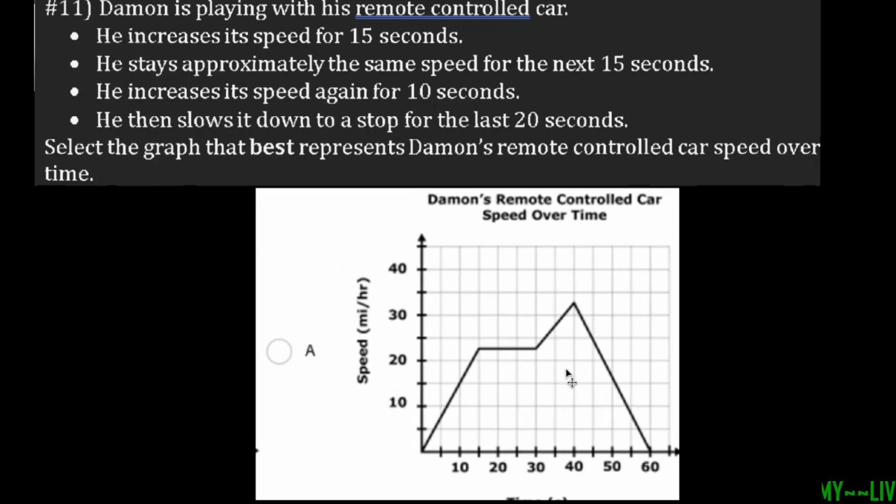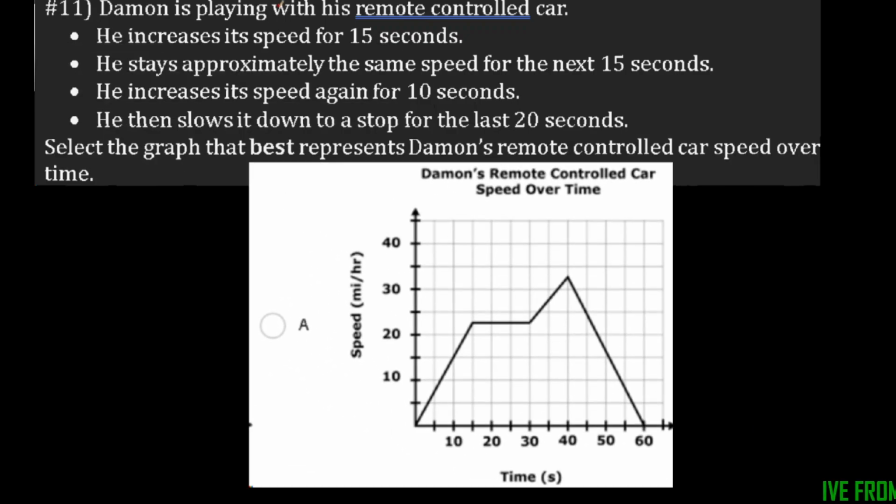And then lastly for A, by process of elimination, it should be A, but let's find out. We're saying from 0 to 15 is where we're at, and since we're increasing from 0 to 15, we know we're good. So we're going to say A for that one is good.